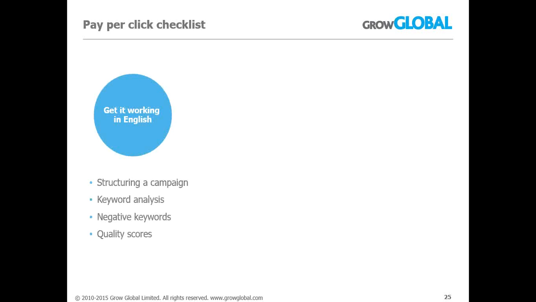Now, some people like to just keep their UK website and start with a Google AdWords or pay-per-click campaign. The important thing about this is to make sure that you are actually getting it working and to get it right in English first. You need to think about structuring a campaign, carrying out your keyword analysis in English first, British English probably, and identifying negative keywords as well as looking at quality scores.